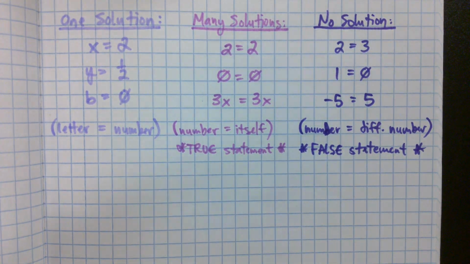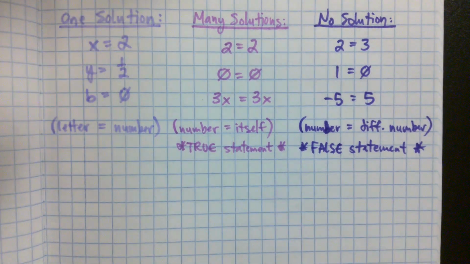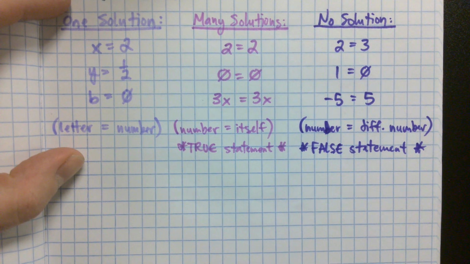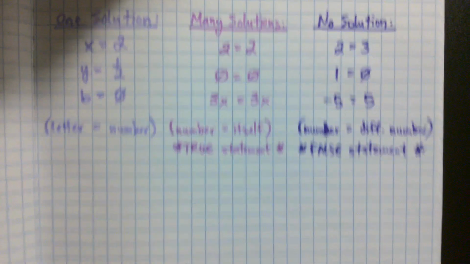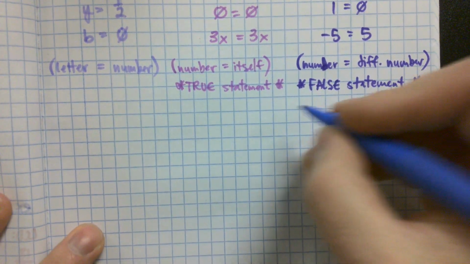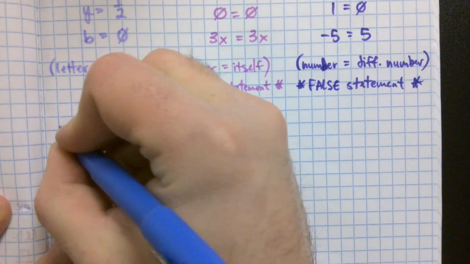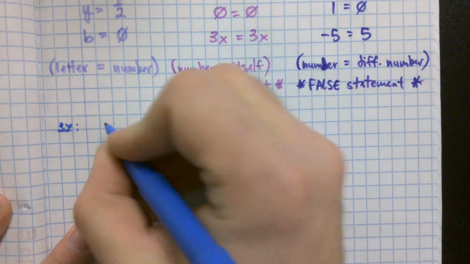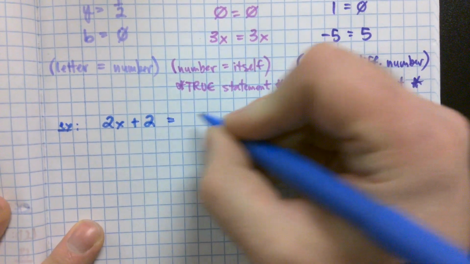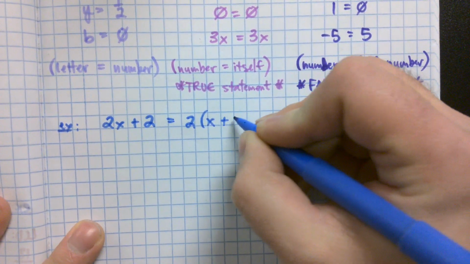Hopefully it does. Let's take a look at our first equation. We're going to skip over one solution because, like I said, we spent 3 weeks finding one solution. We should be good on that. Let's find one of the other options. For example, let's say we've got, thank God we're not dealing with fractions today, 2x plus 2 equals 2 times x plus 1.